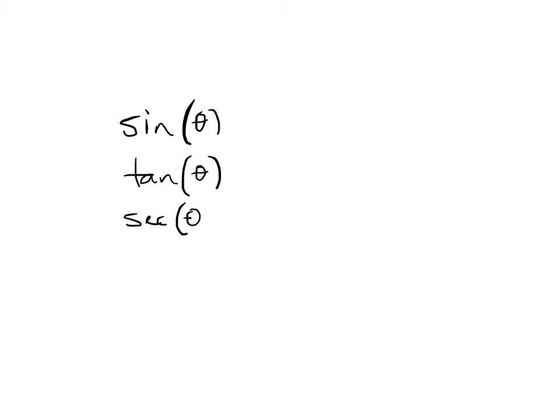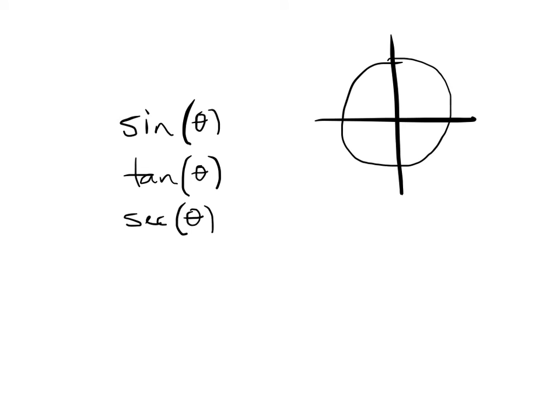And I'll end with this. We can graph sine of theta, tangent of theta, and secant of theta, all by doing unit circle stuff. Sine of theta is the y-coordinate, secant of theta is the length of this hypotenuse, and tangent of theta, so I'll do it like this.